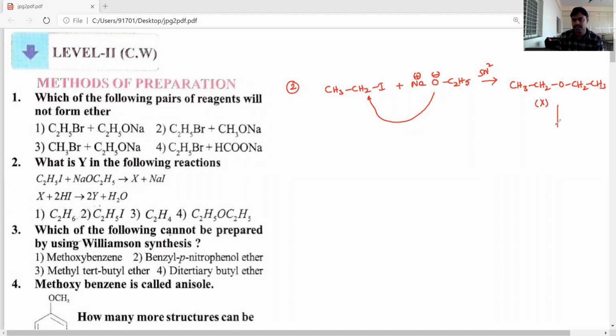This X is treated with 2 moles of HI, hydrogen iodide, which means cleavage of ether. The C-O bond will be cleaved and produce 2 moles of ethyl iodide, CH3-CH2-I, plus water.